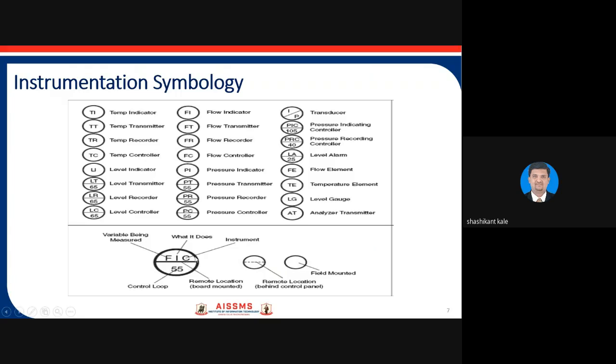So FIC, and it is available at a remote location, board mounted, not field mounted, and it has control loop number 55. So a remote location behind the control panel is shown like this. A remote location on the control panel is shown like this, and on the field is shown like this, and which variable it is, that is written inside this particular circle.